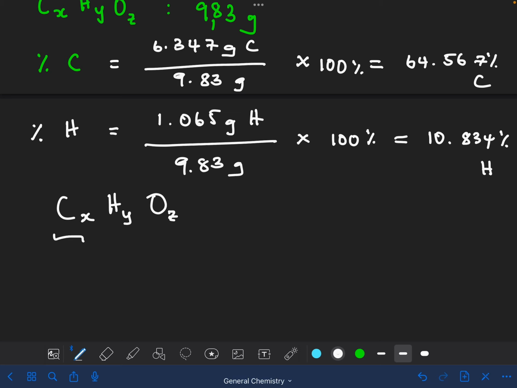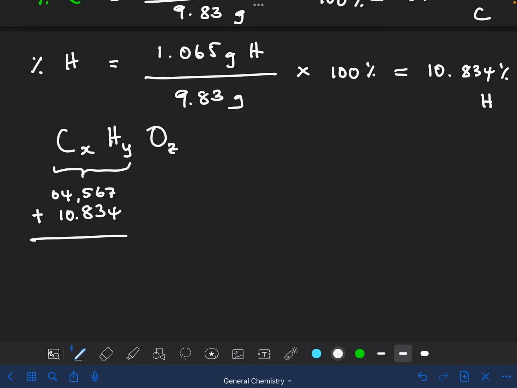So this carbon and this hydrogen composition is 64.567 plus 10.834.